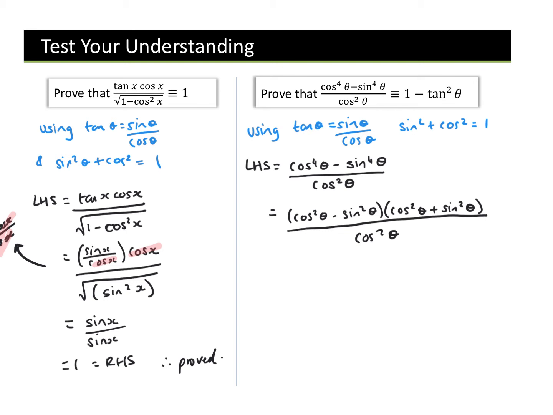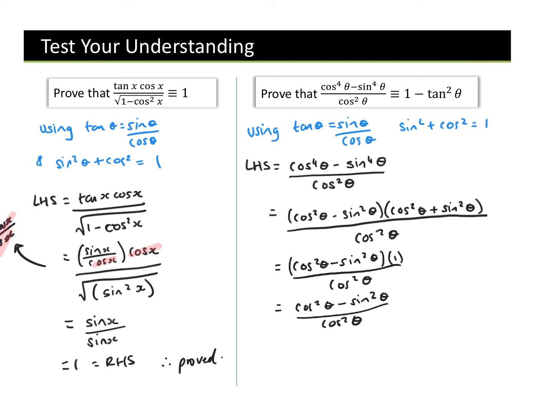What else do we know? We know that sine squared plus cos squared equals 1. So this equals cos squared theta minus sine squared theta multiplied by 1, over cos squared theta. I'm then going to have cos squared theta minus sine squared theta all over cos squared theta.